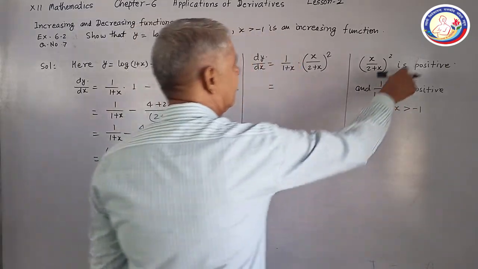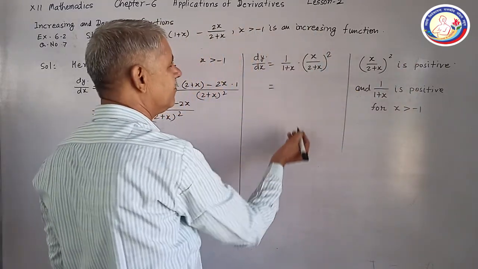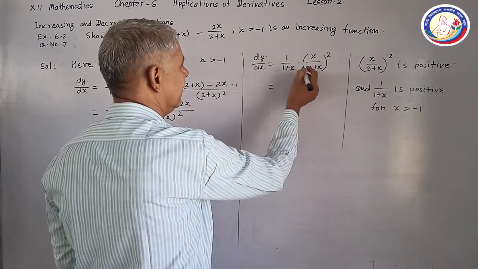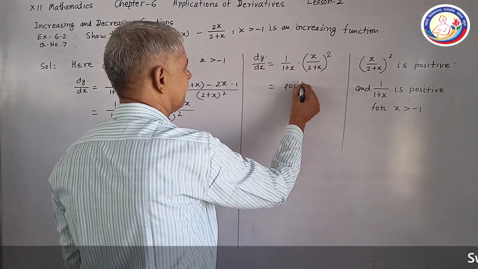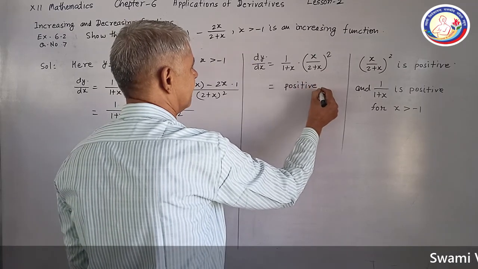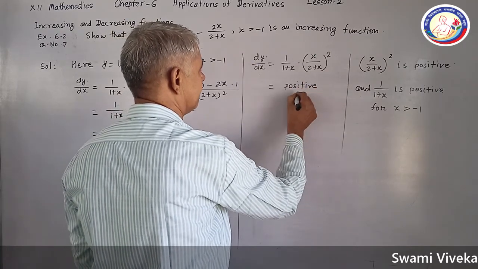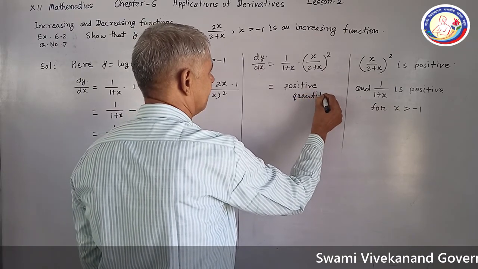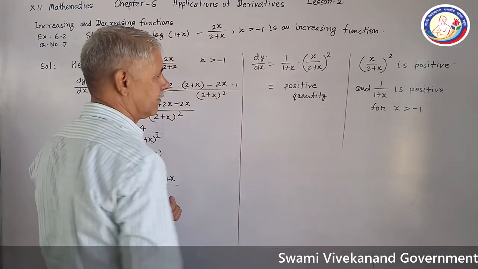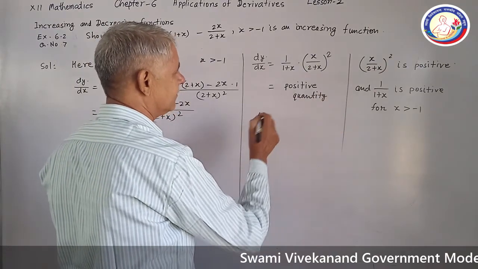So both are positive, so the product will be positive. This will be a positive quantity for x greater than minus 1.